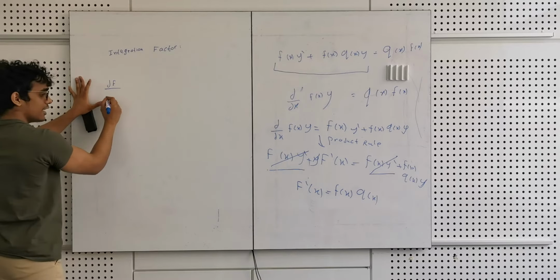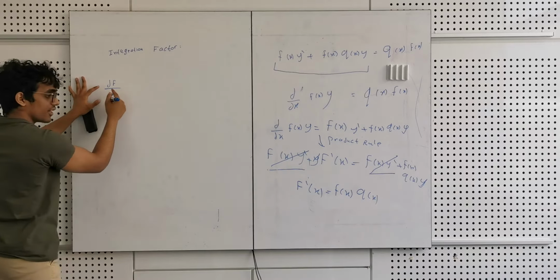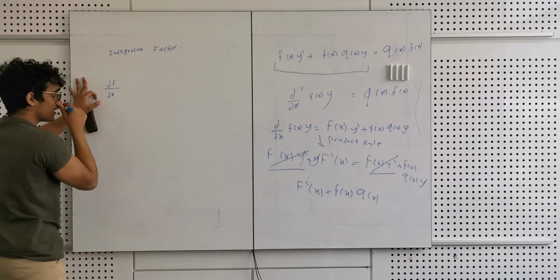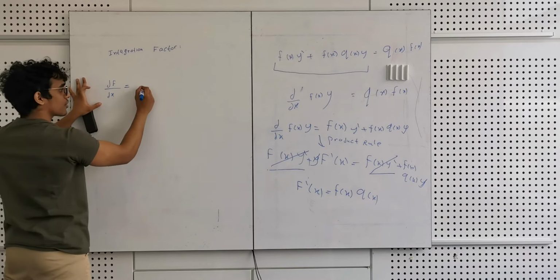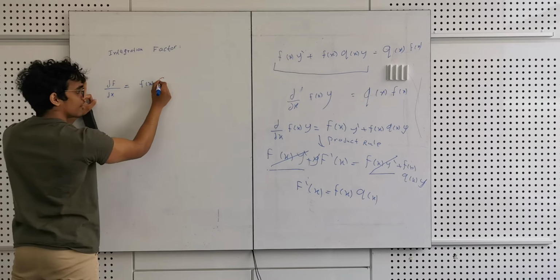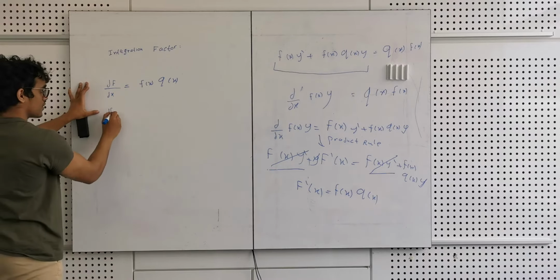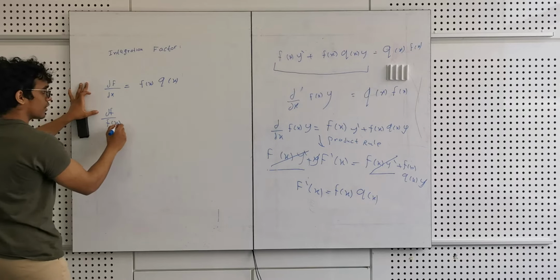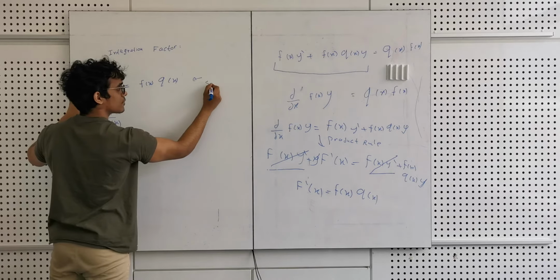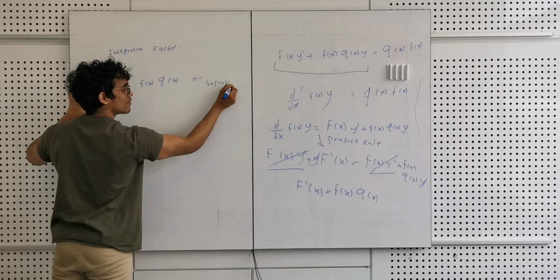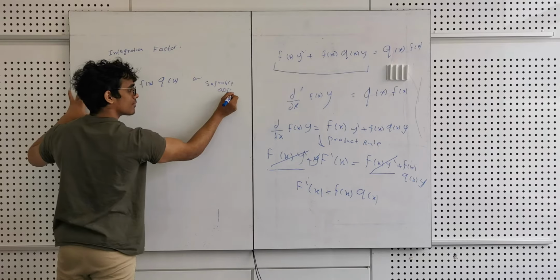So df, the derivative of the function f with respect to x, will be equal to the function f of x times q of x. This one is a separable ODE.